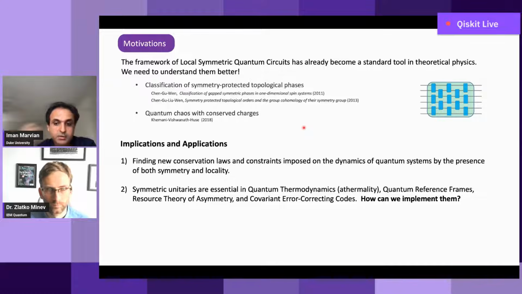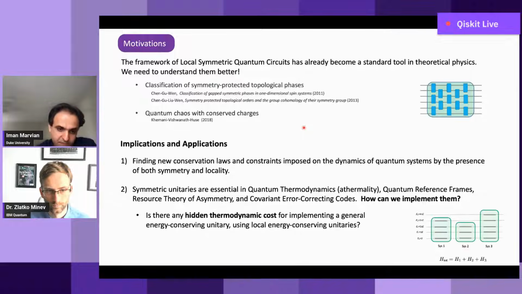But now the question is how we can really implement them. If you have a composite system with many components, can you implement a general symmetric unitary on this system by acting locally on subsystems or not? And if you think about it classically, at least, the intuition is, in principle, you can redistribute the energy of the system.